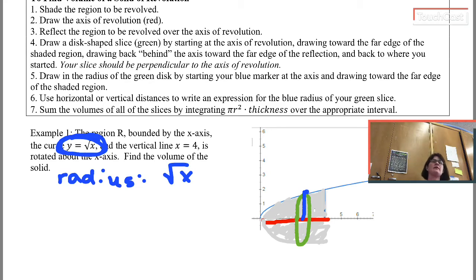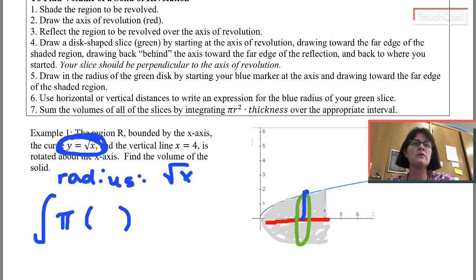Now I'm going to integrate pi times r squared times the thickness to find the volume of the solid. So I'm going to integrate pi r squared times the thickness. Well, the thickness of the slice, if I took it perpendicular to the x-axis, is a very, very, very small change in x. That's my dx.